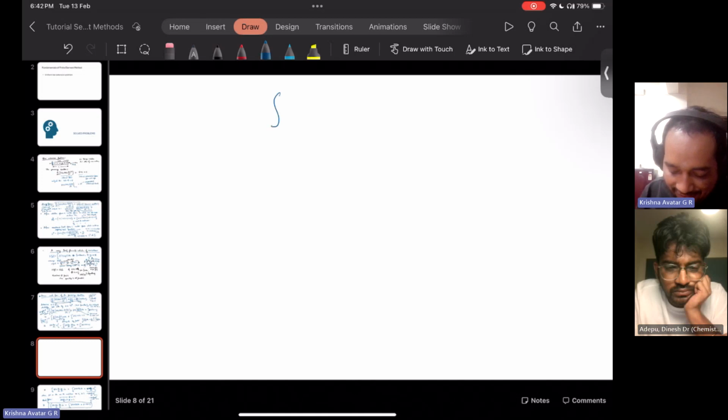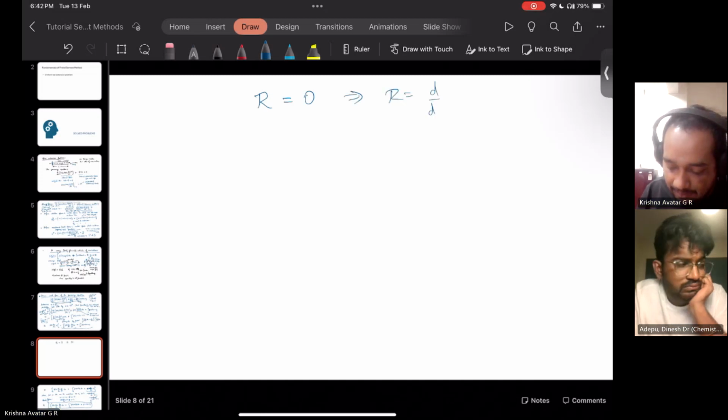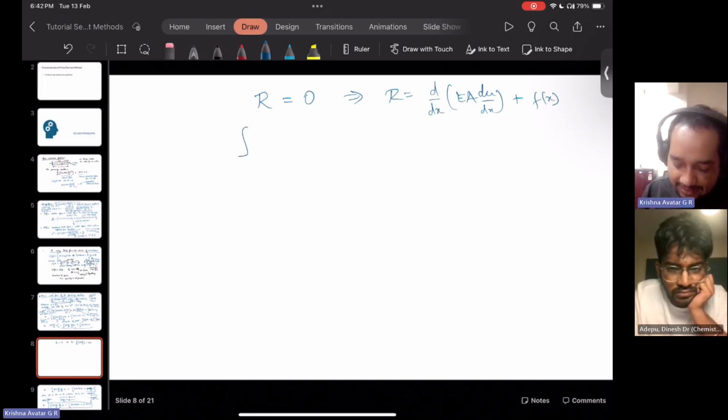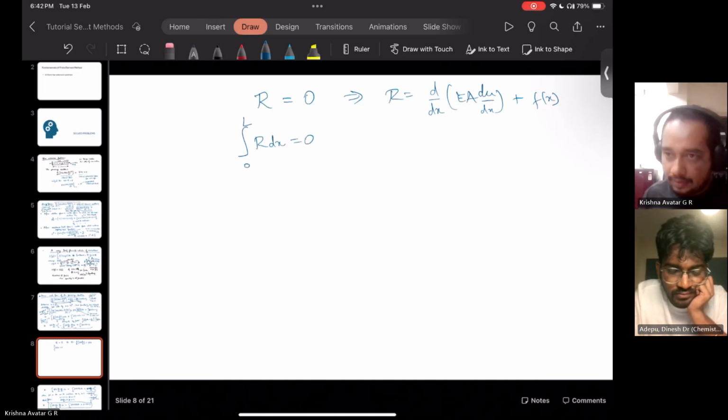If we had gone with our original assumption that R is equal to zero, where R is EA du by dx plus f of x, and we just integrated it over the domain, the only conclusion we know clearly is that R is already zero.